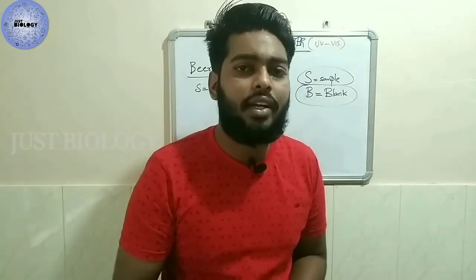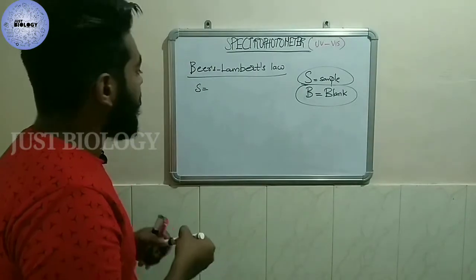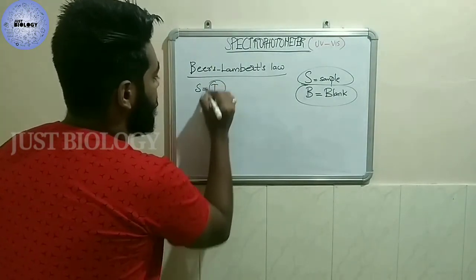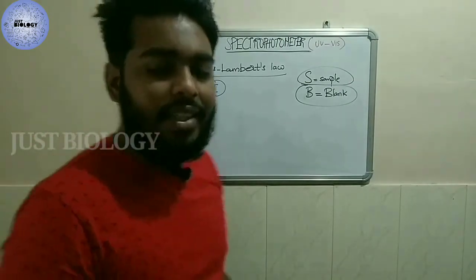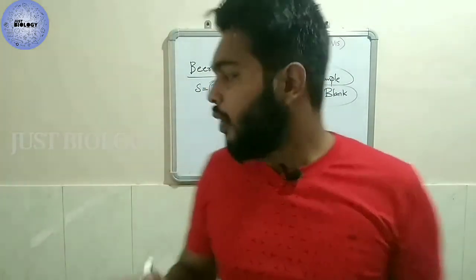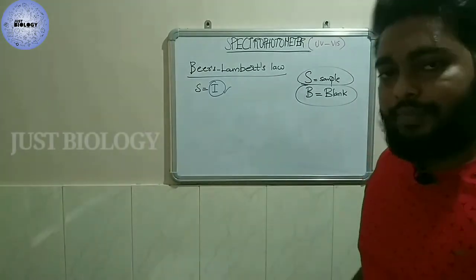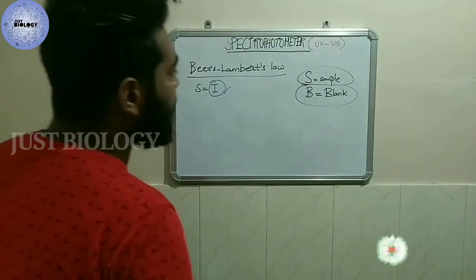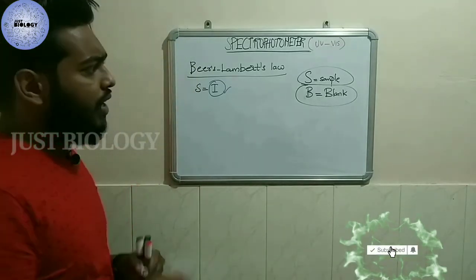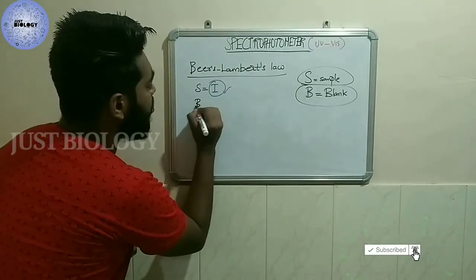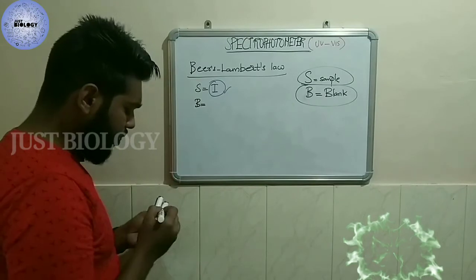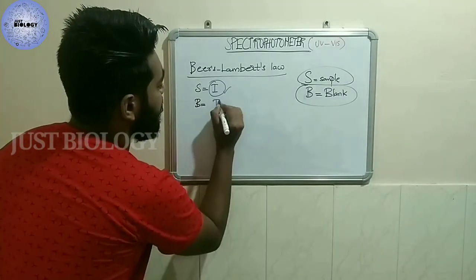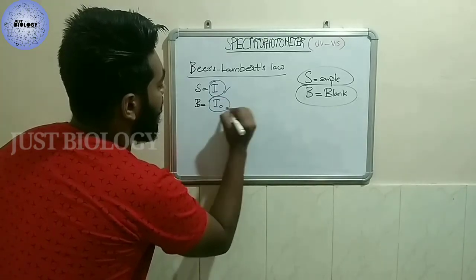The intensity of the light we can write as I. So I means the light intensity absorbed by the sample. In the same way we have the blank also. The blank absorbs the light, so we can say that it is I0.